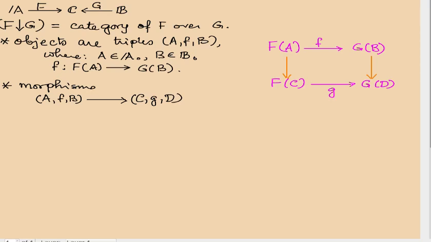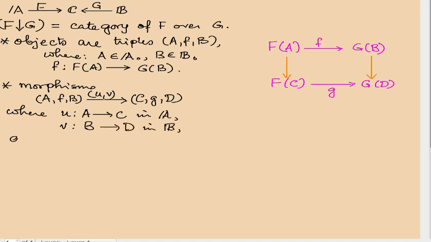That means it should be a pair (u, v), where u is a morphism in A, v is a morphism in B, and obviously this diagram commutes, so Gv composed f is f' composed Fu.